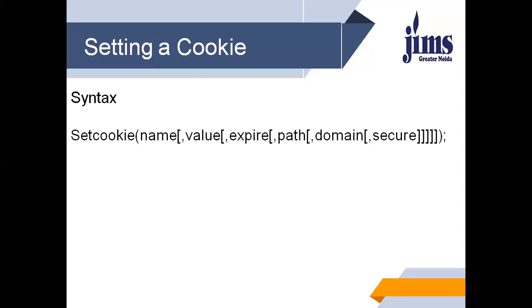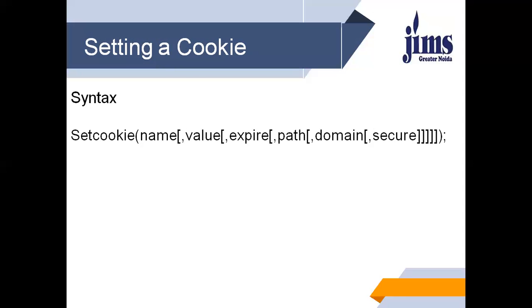Next is domain. Browser will return the cookie only for URLs within this domain. The default is the server host name. Next is secure. The browser will transmit the cookie only over HTTPS connections. The default is false, meaning that it's okay to send the cookie over insecure connections.